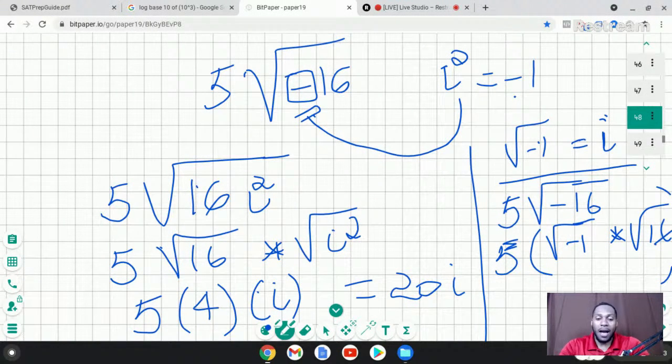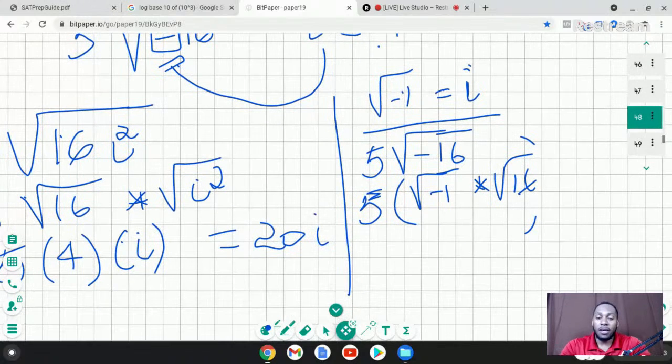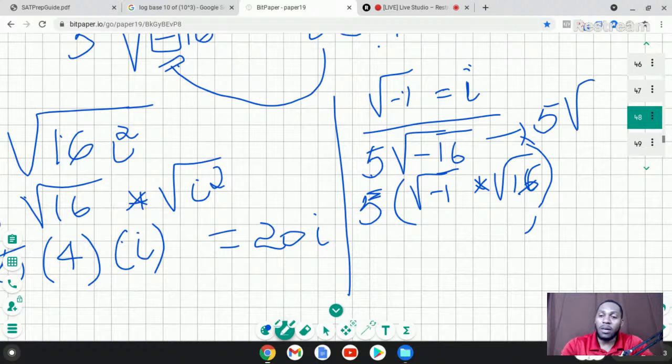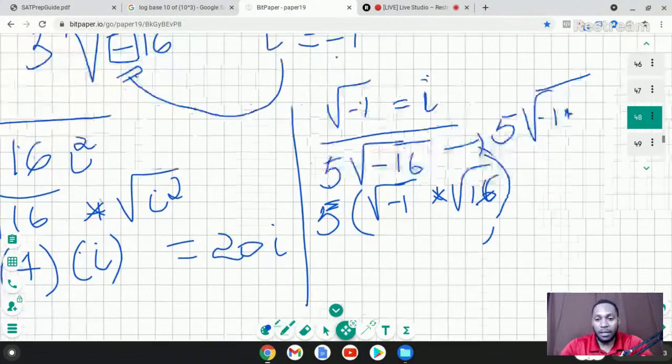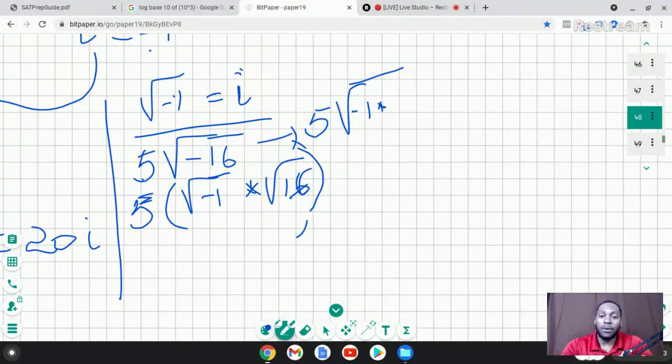How am I able to write it this way? Because I just split the radical.